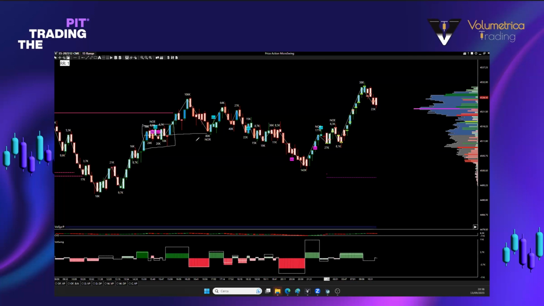But apart from this, we can see that in terms of volume, we had 24K pushing here to the downside, 20K here, and eventually 18K, roughly 80. So sorry, 60, more or less, in the overall.